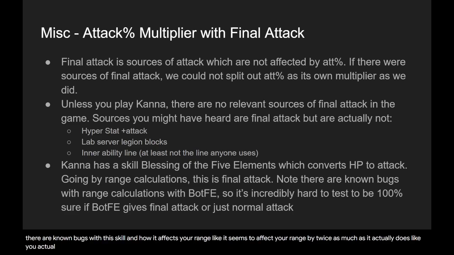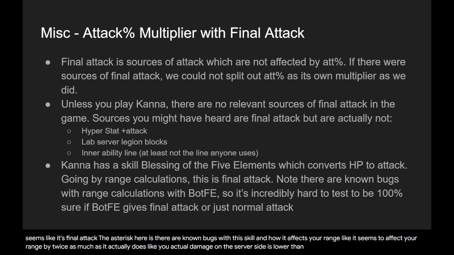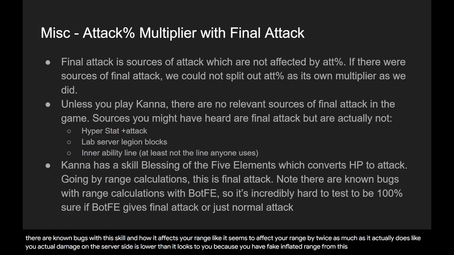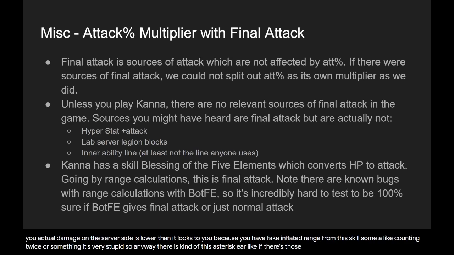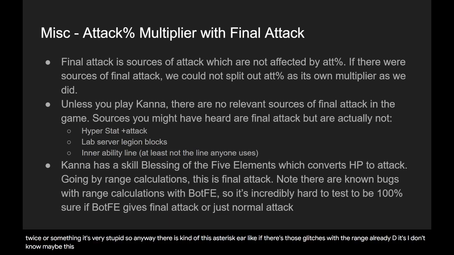Your actual damage on the server side is lower than it looks to you because you have fake inflated range from this skill somehow, like counting twice or something. It's very stupid. So anyway, there is kind of this asterisk here of, if there are those glitches with the range already, maybe this actually isn't final attack and it's all fine, and server side it's all good.